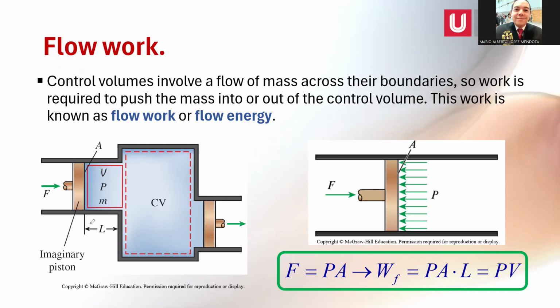We're going to consider a differential volume of the fluid, which must be pushed into the control volume. So we can apply a force, such as we do with a piston or a wrench, in order to get the mass into the control volume.